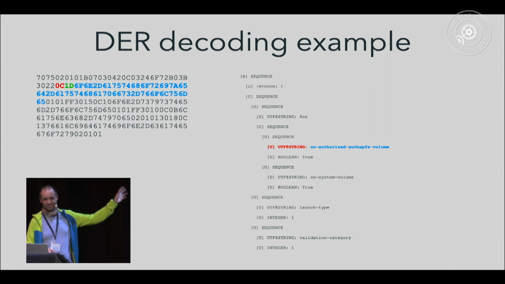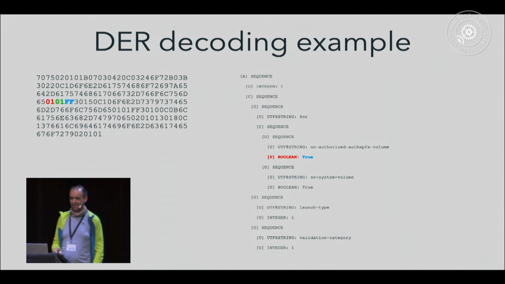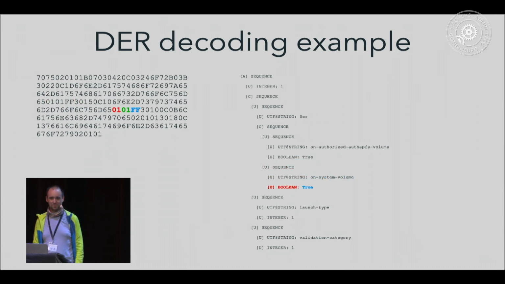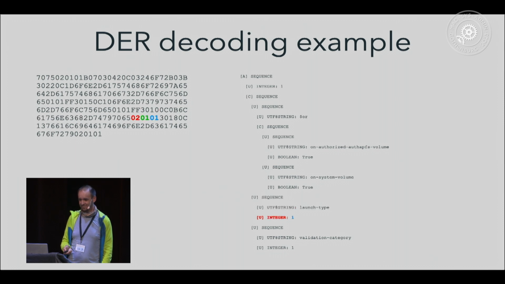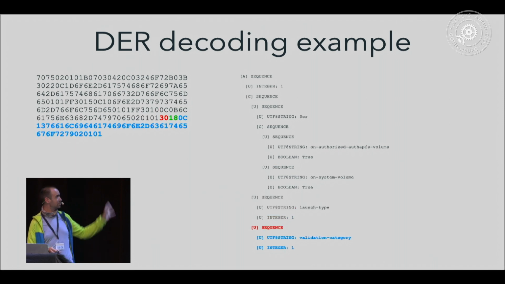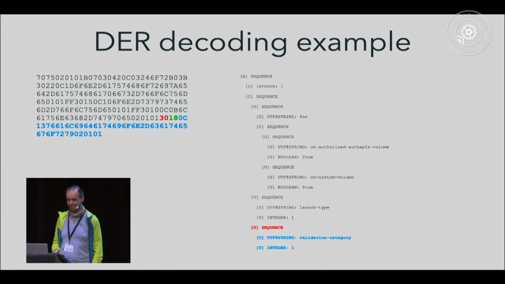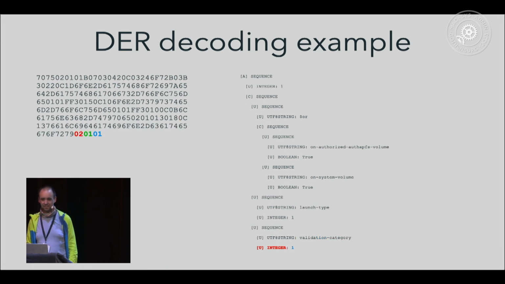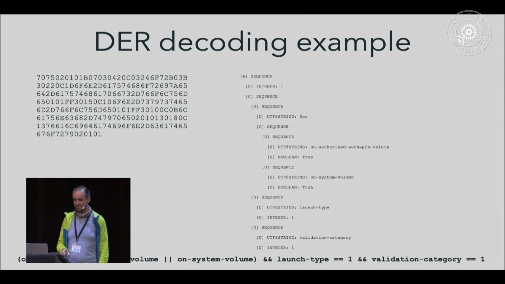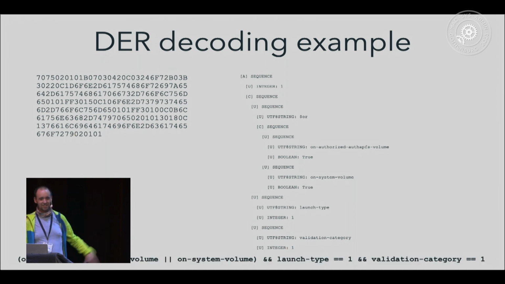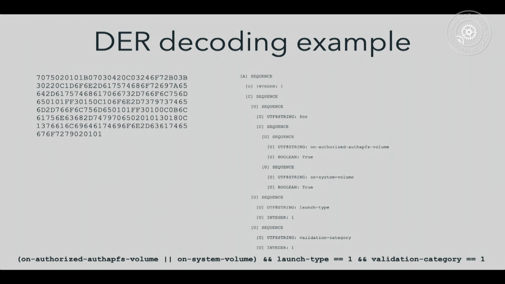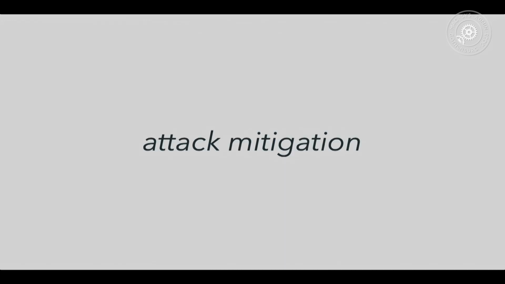Again, this is the unauthorized APFS volume. Then we have a Boolean, and basically so on. There are tools to do this. But basically, this is how DER encoding or decoding works. And this will basically become unauthorized APFS volume or on system volume, and launch type 1 and validation category 1.